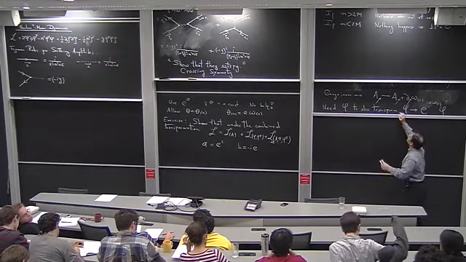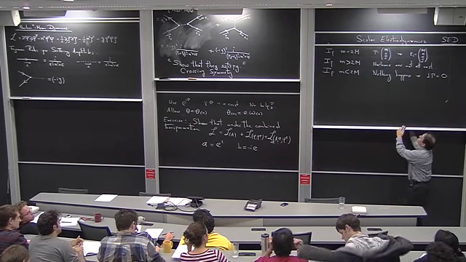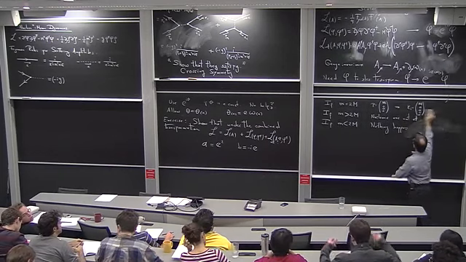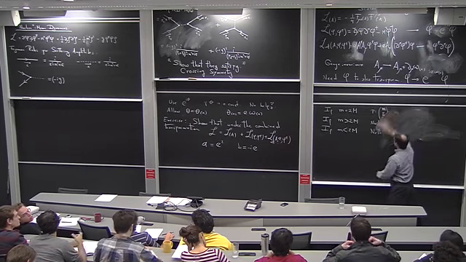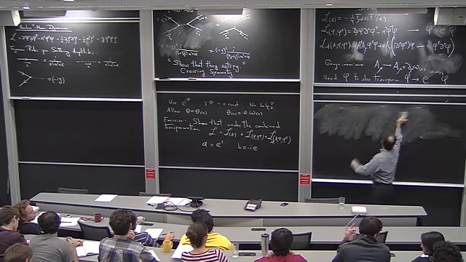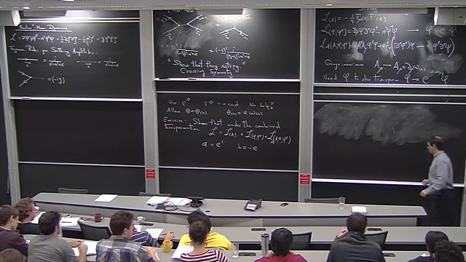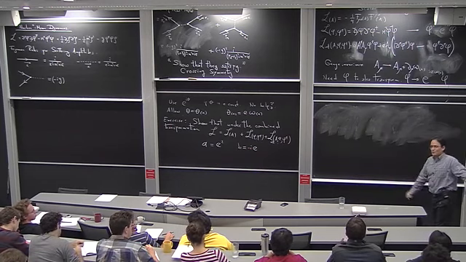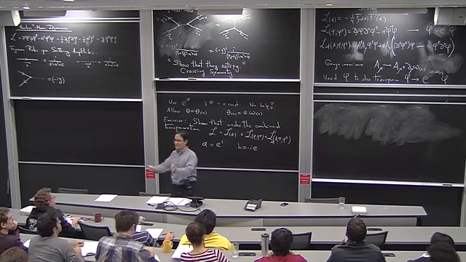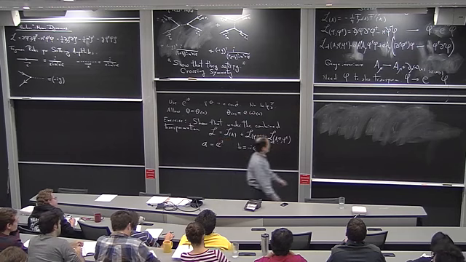So let's now use our theory and derive the Feynman rules. After all, every time somebody gives you a Lagrangian now, you should just sit down and get the Feynman rules. Okay?